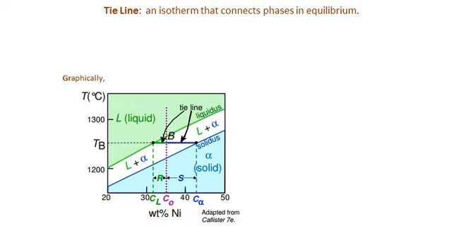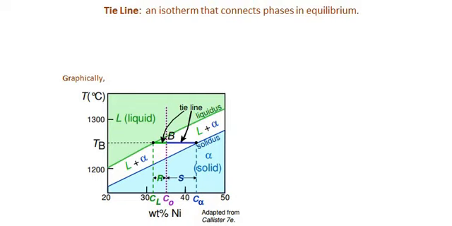As you can see here, we have the temperature on the y-axis and the weight percent of nickel on the x-axis. This is from the binary system of copper and nickel. Even though we are shown just the weight percentage of nickel here, we can calculate the weight percentage of the copper too from this.